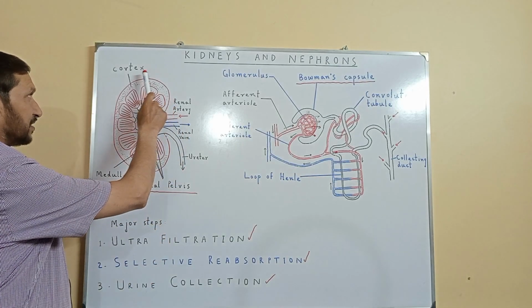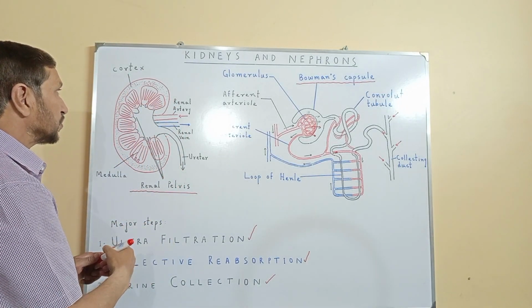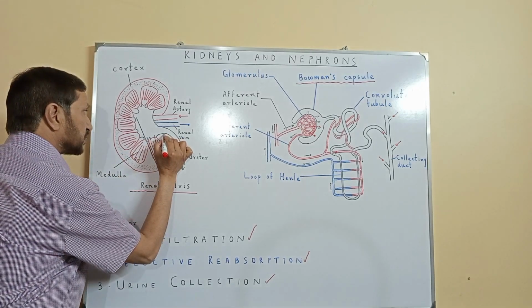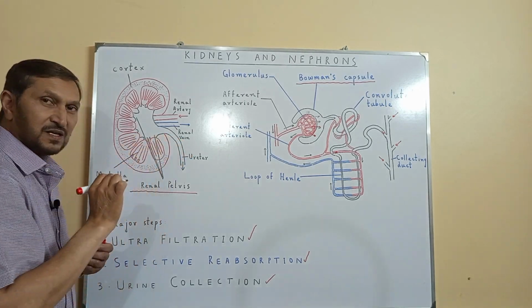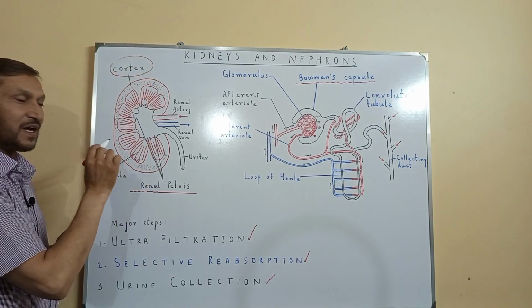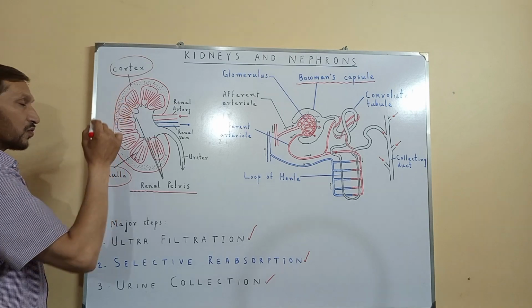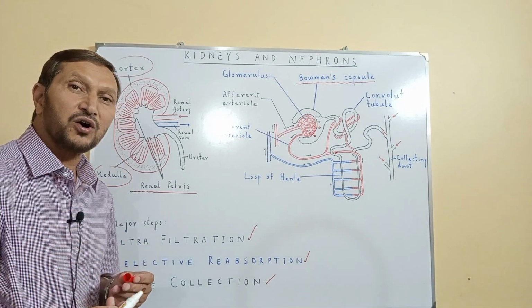So this is the basic structure of the kidney. The kidney has two major regions. One is called the cortex and the other is called the medulla, or more correctly, we can call it the renal cortex.